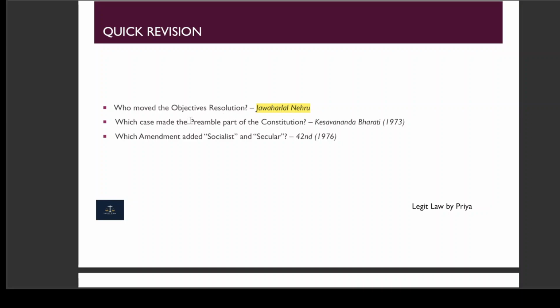In Kesavananda Bharati case, they said that preamble is part of the constitution, and you can amend it, but can't amend the basic structure. So the basic structure doctrine as well as declaring that preamble is part of constitution was part of Kesavananda Bharati case. Now coming to question 3, which amendment added socialist and secular? Obviously it is the 42nd amendment, because this is the only amendment made in the preamble.